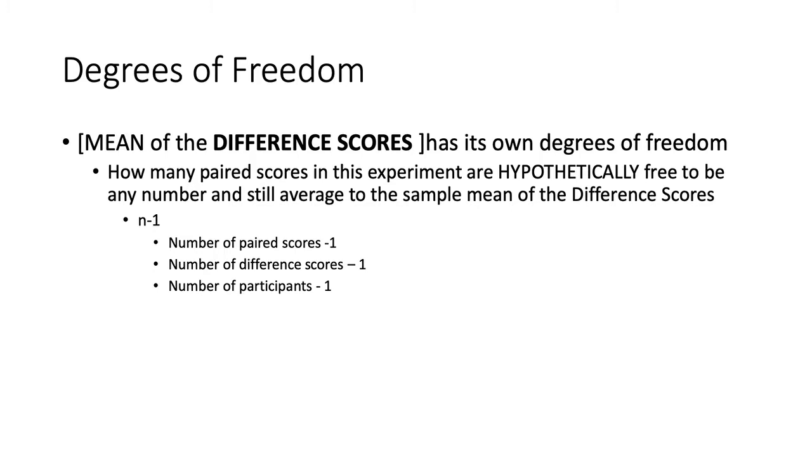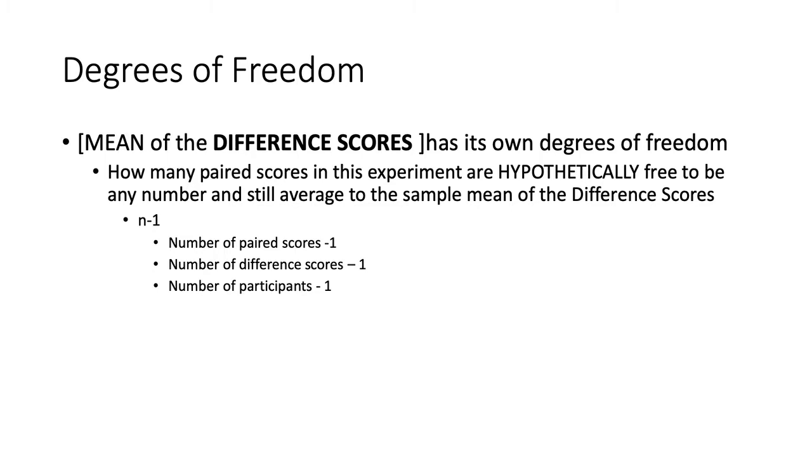So now our question is, how many of these difference scores are free to vary and still result in the mean of these difference scores that we sampled? So it's really that same riddle, right? We know that we have a group of 10 observations in this example.